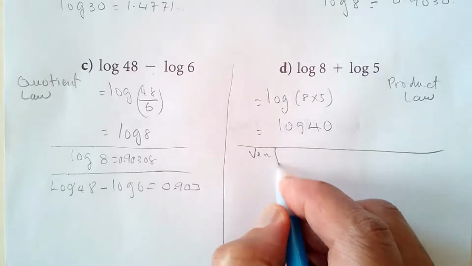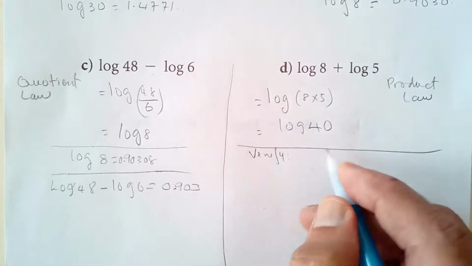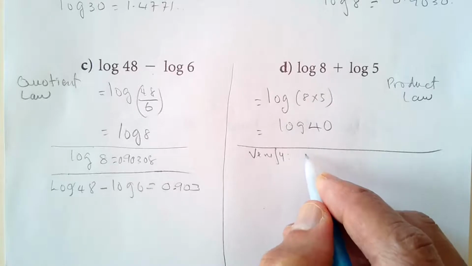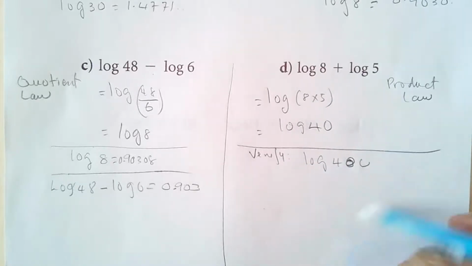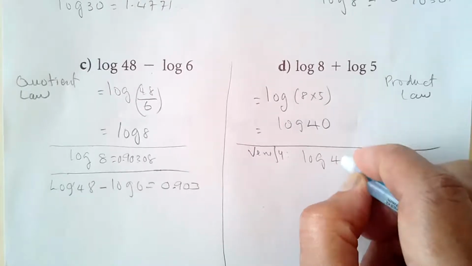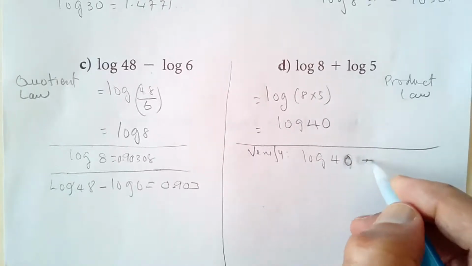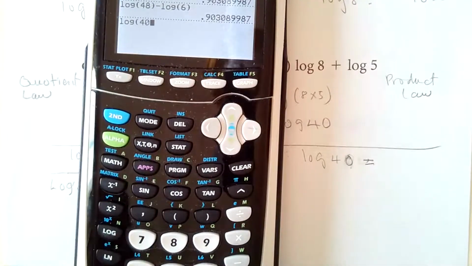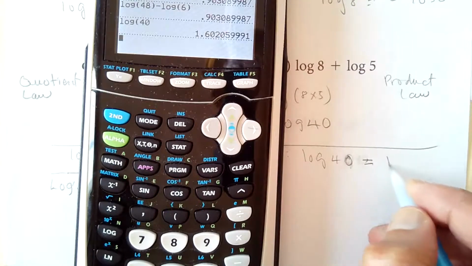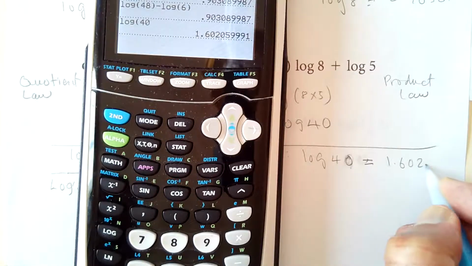So verify. So log 40 is equal to, let's try the log 40, 1.6020.